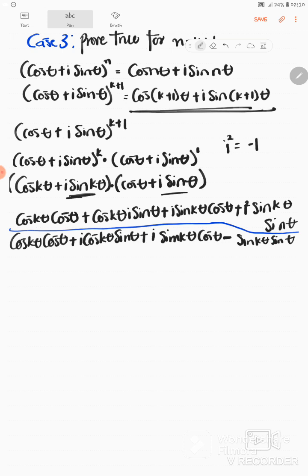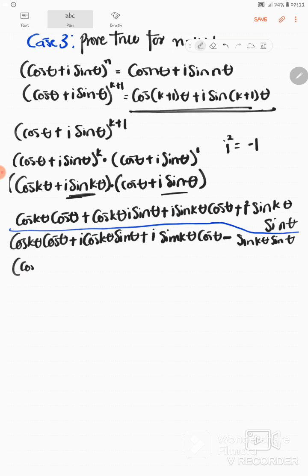Okay, firstly let's arrange them in real and imaginary parts, that is, let's put them into brackets. Firstly, this is a real part, it doesn't have any constituent of i. This is an imaginary part, it has i. This is an imaginary part, it has i, and this is a real part, it doesn't have any constituent of i.